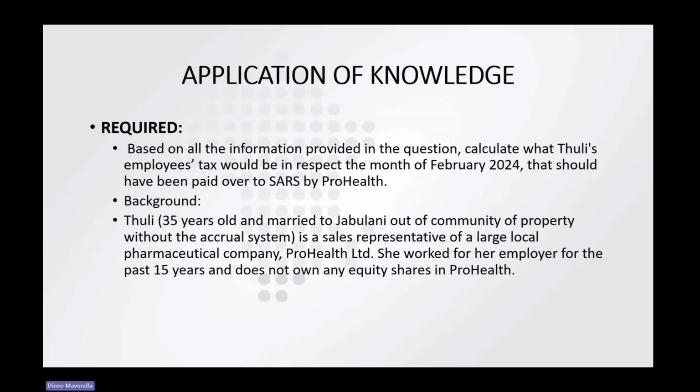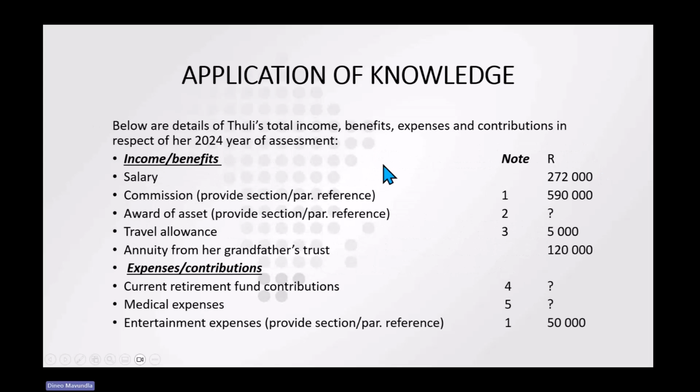Thuli is a sales representative for a large local pharmaceutical company, Pro Health Limited. She worked for her employer for the past 15 years and does not own any equity shares in Pro Health. Great stuff.